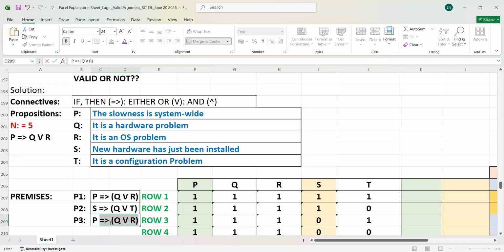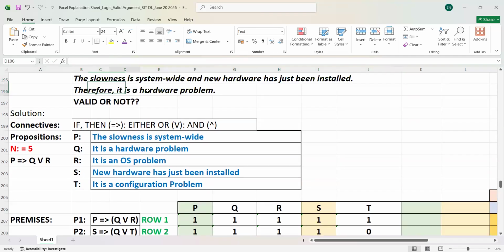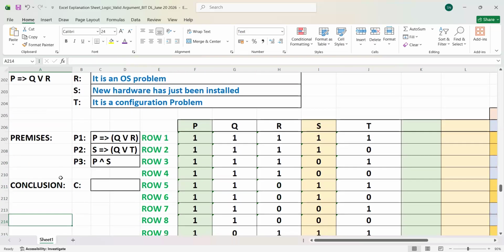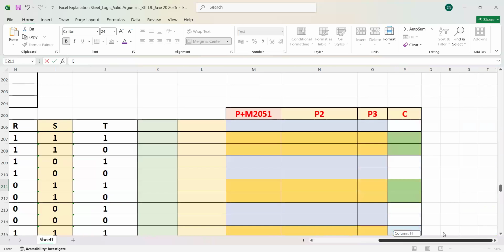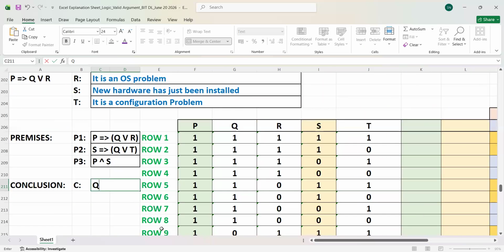P conjunction, and this is the symbol I use for conjunction, S. Good. Then the last one says that conclusion, it is a hardware problem, and hardware problem is Q. Okay, so we have done all the hard work. The rest is you filling the table up and then trying to find out what is valid. So partially we are done with this.